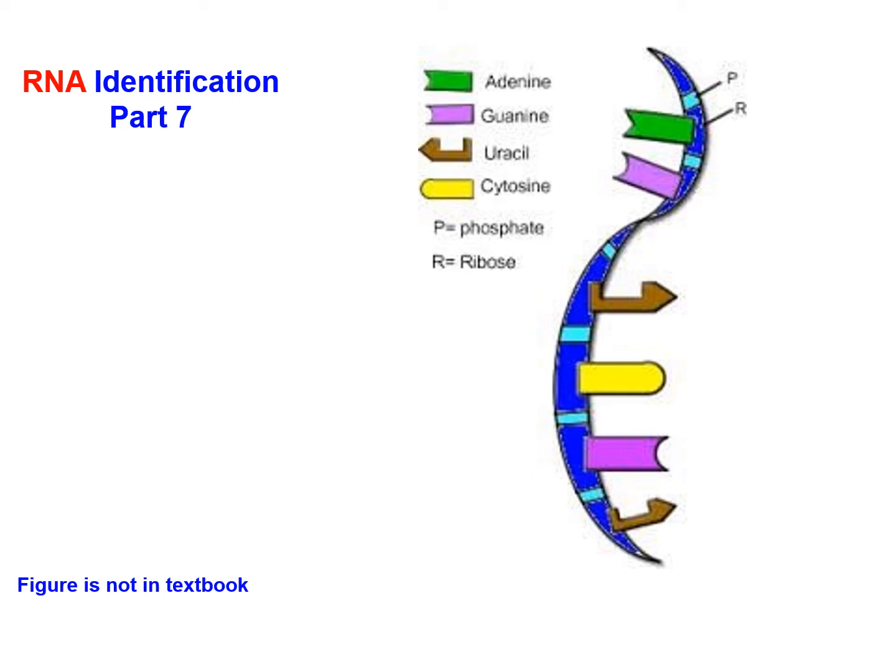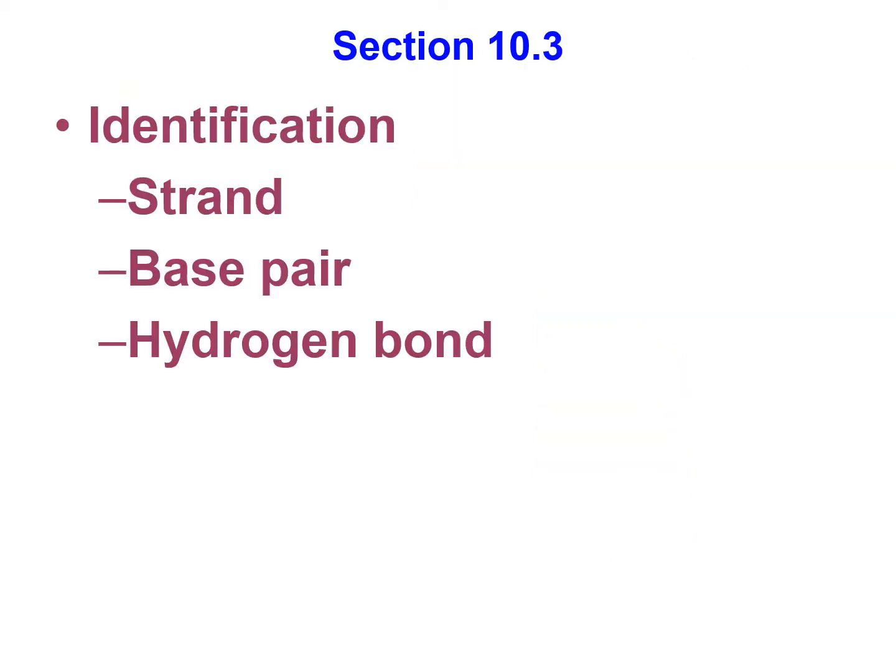I think I neglected to tell you that this long thin strand that goes up and down in the DNA that does not include the nitrogenous bases is called the sugar phosphate backbone. The sugar is always the longer piece and the phosphate's always the shorter piece. So there we have RNA.